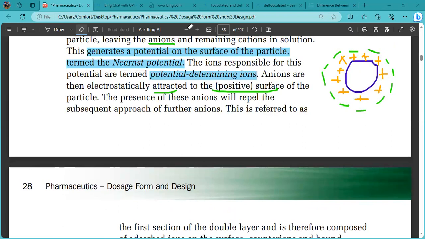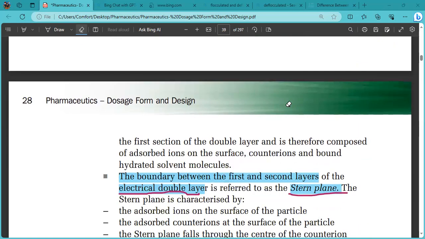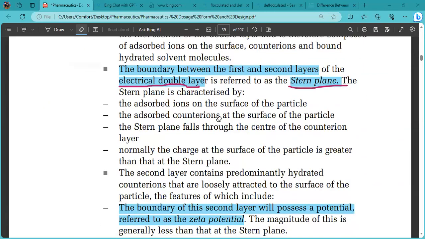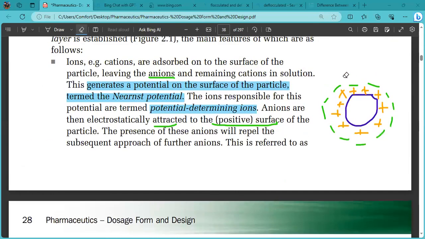From the question that you've asked, according to this, the Stern layer falls through the center of the counter ion layer. So it's through its center.